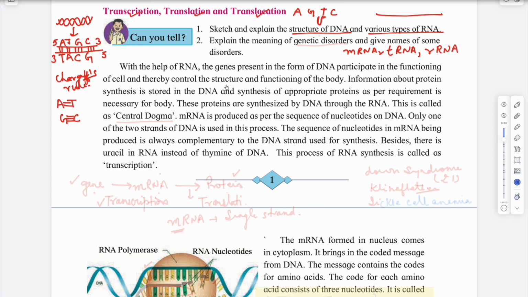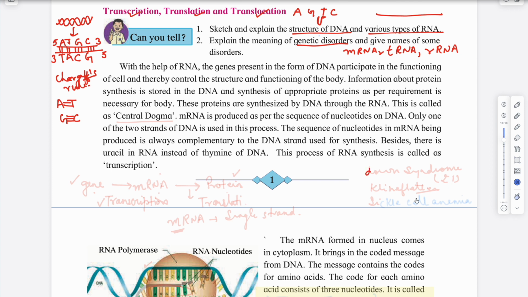Now next is explain the meaning of genetic disorder and give names of some disorders. So what do you mean by genetic disorder? The disorders which are caused due to the change in the structure of the gene or due to the change in chromosome number. So what are a few names for these disorders?